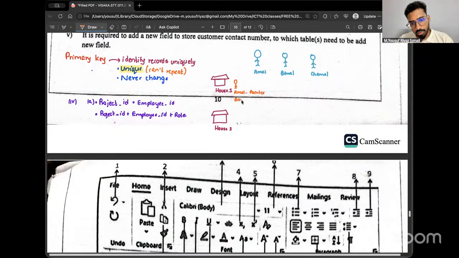Bimal is working in house one as a carpenter. In house two, Amal is working as a painter. And let's say Chamal is working as the carpenter.